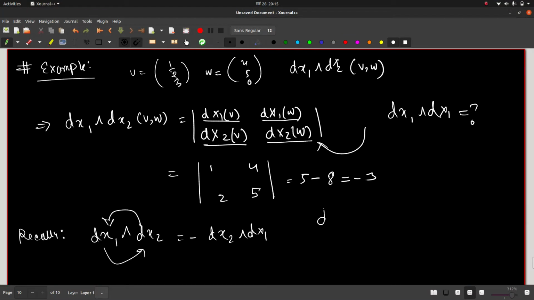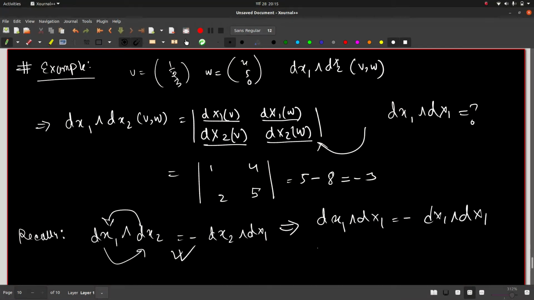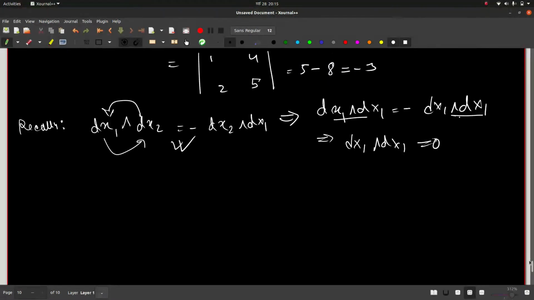So similarly, using this property, I can write dx1 wedge dx1 is equal to minus dx1 wedge dx1. And these are the same thing, and they are equal and opposite to each other. So that means dx1 wedge dx1 must be 0. So this is another useful property that will help us a lot in future. And similarly, you can do things for differential 3 forms and all that.